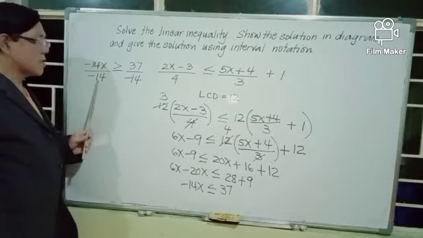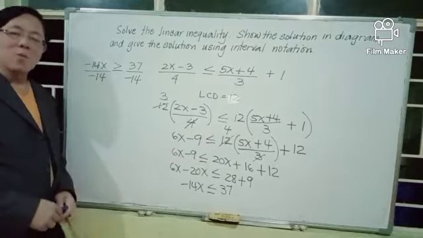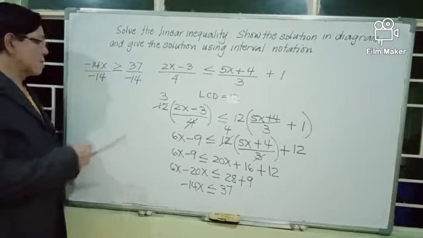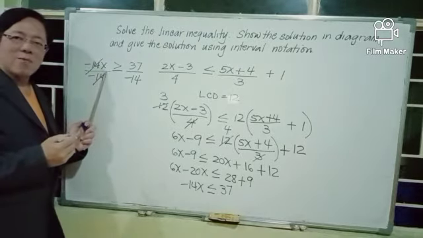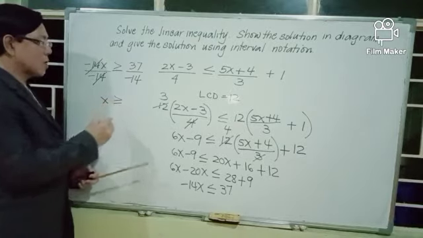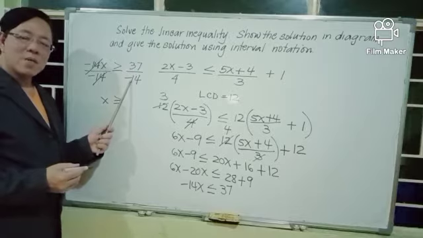And negative 14 divided by negative 14 is 1, or simply x. We cancel out negative 14 and negative 14. And we simply get x at the left hand side greater than equal to positive, divided by negative is negative.